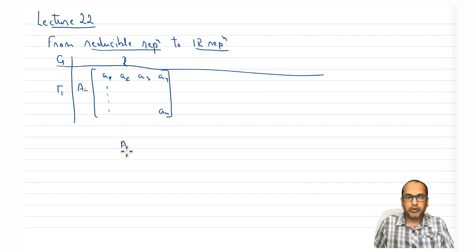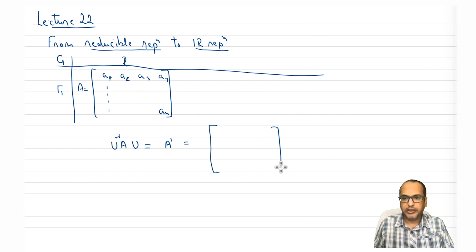To go from A to A prime, you have to find a matrix U, as we have seen earlier, and you go to A prime, where A prime is a diagonalized matrix. What do we mean by a diagonalized matrix? You have matrix elements only along the diagonal, let's say A1, A5, A11, and everything else is 0, right?